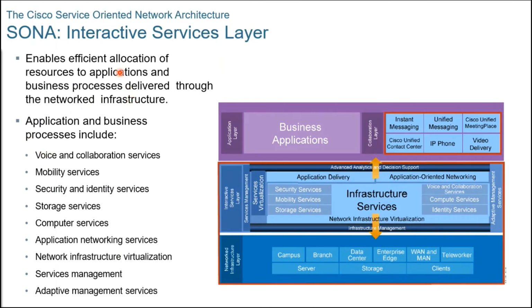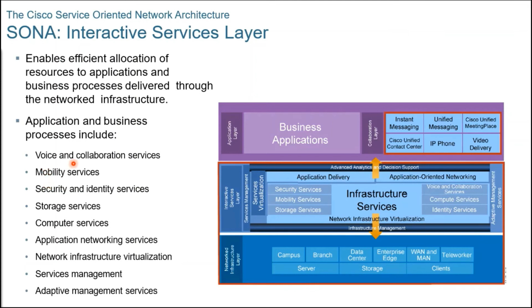So the next layer would be the interactive services layer. So this includes both application and networking services together with infrastructure services. So this layer enables efficient allocation of resources to applications and business processes delivered through the network infrastructure. So this layer includes the following services here.